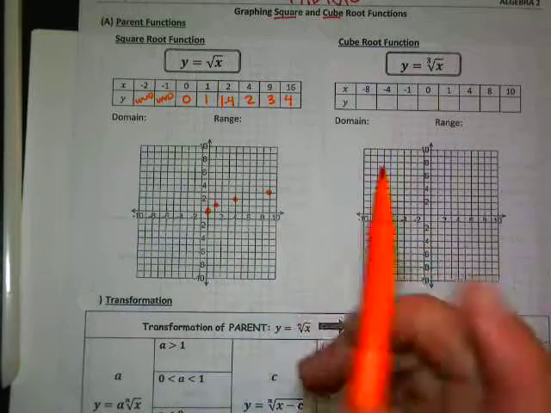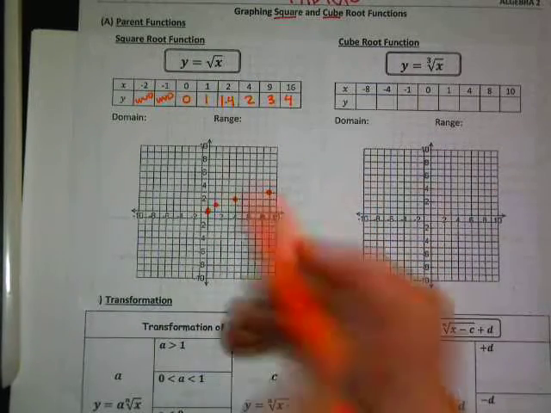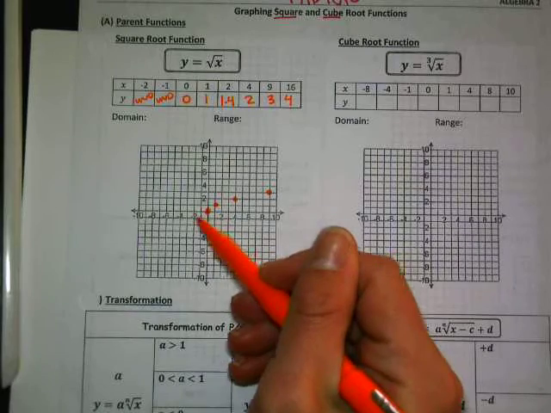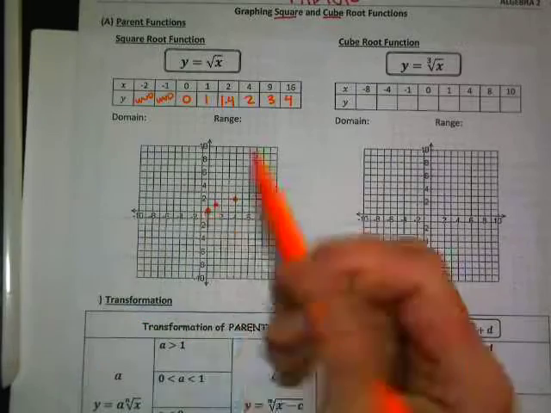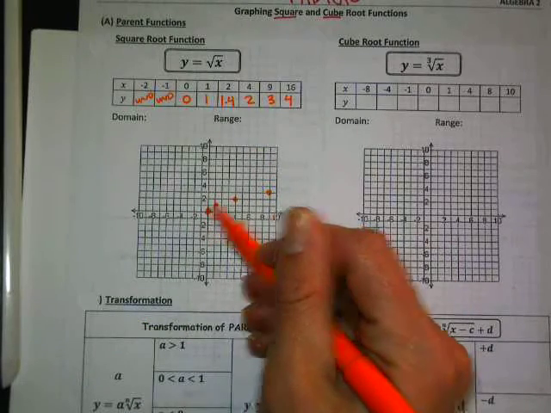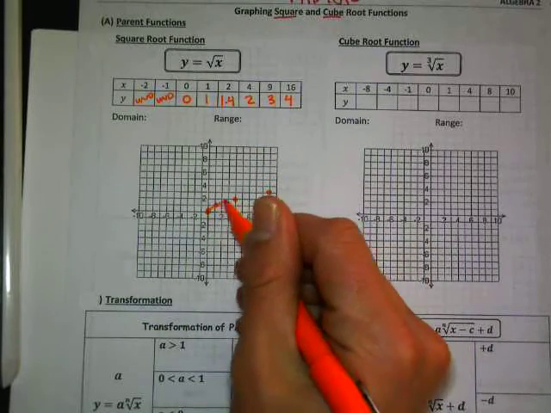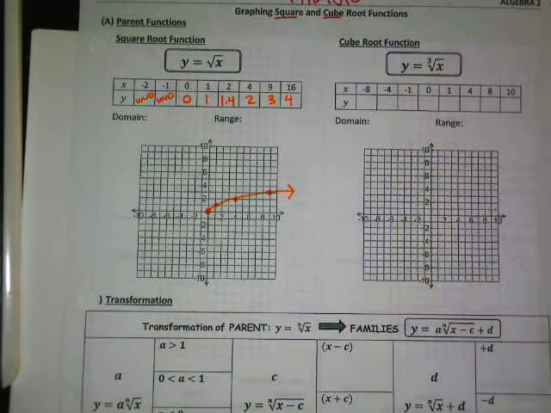All right, when you draw your line, you need to be careful. This side does not get an arrow because your table stops at 0, and your graph is going to stop at 0. So your graph is going from 0 all the way that way.